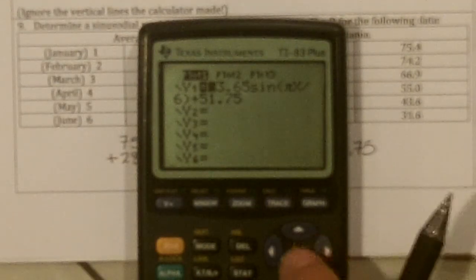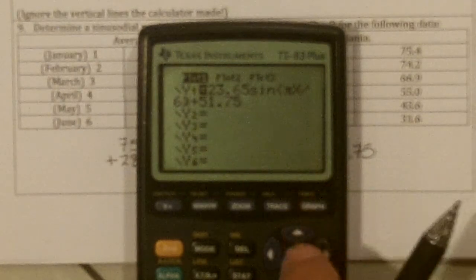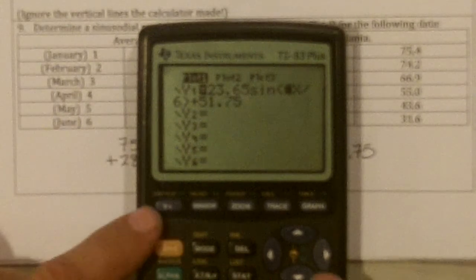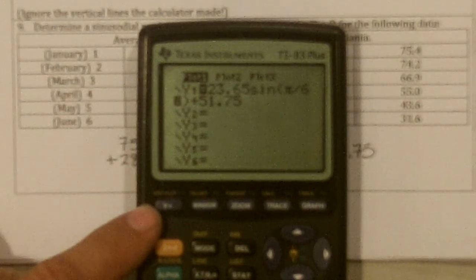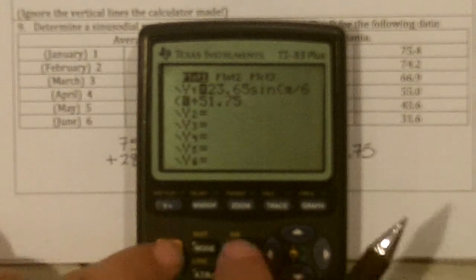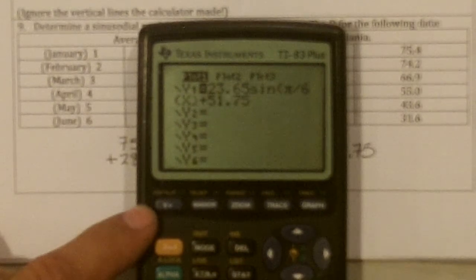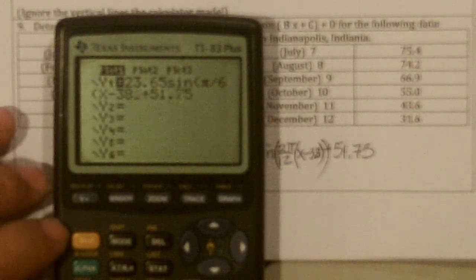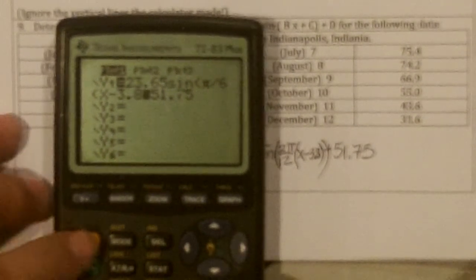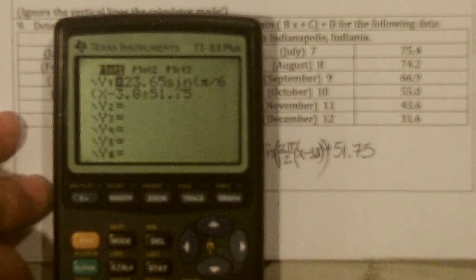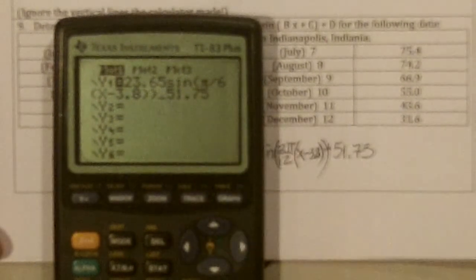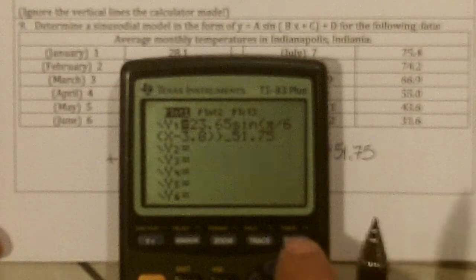I'm going to have to retype this here, so it's going to be pi divided by 6 times, now I'm going to have to insert, x minus 3.8, close parenthesis for that sideways shift, and close parenthesis for the sine, plus 51.75.